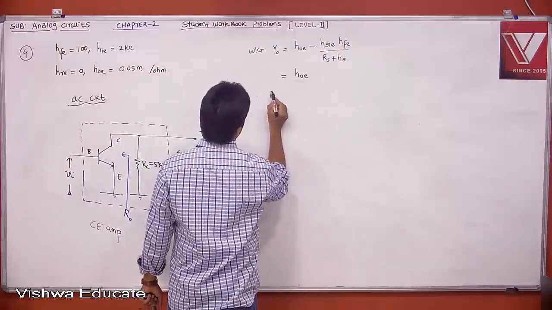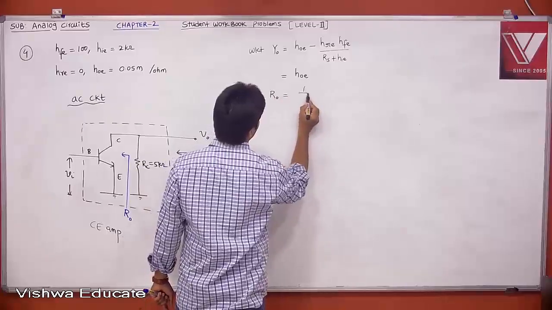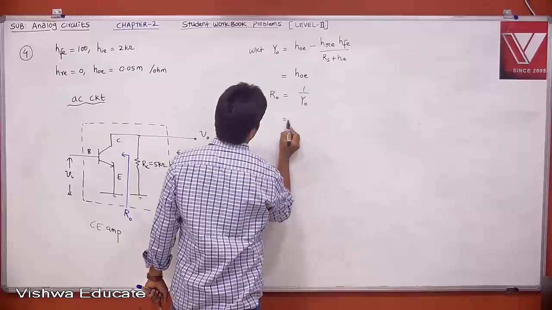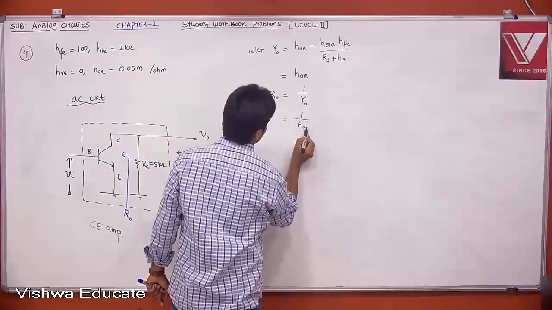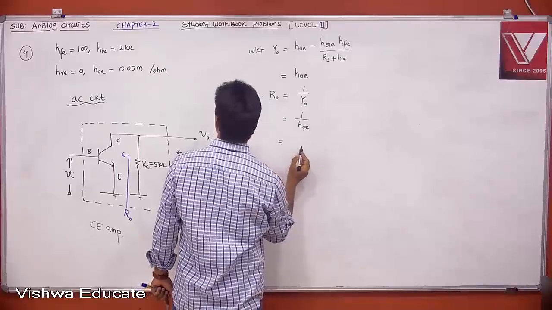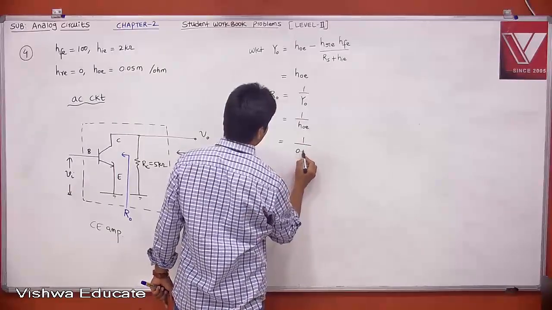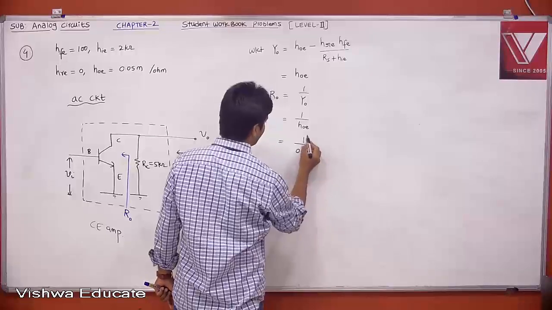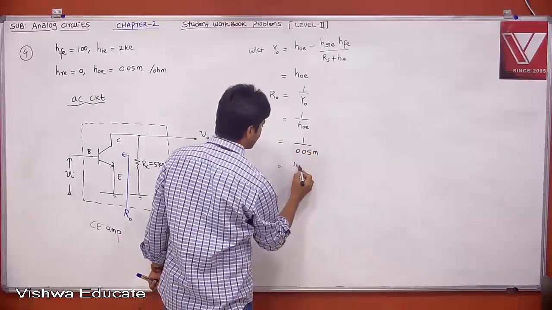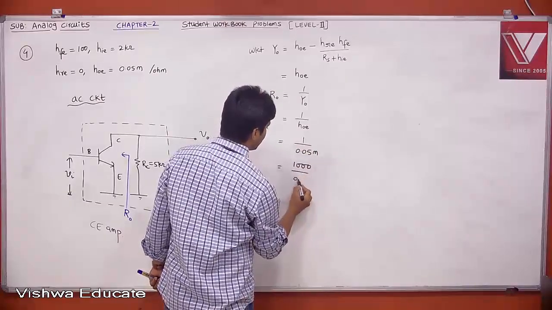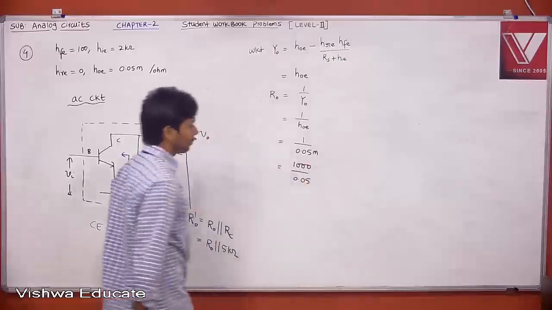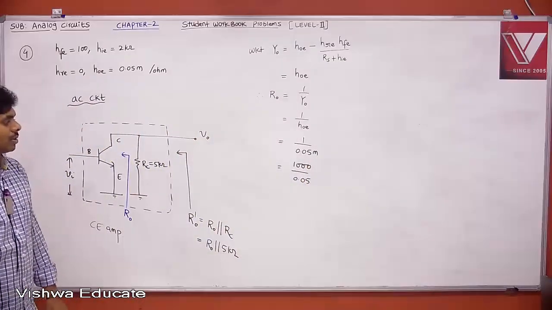Then what is your R0? Your R0 is equal to 1 by Y0. Therefore, 1 by HOE. What is HOE? It is given as 0.05 milli. That milli will become kilo. Kilo is nothing but 1000 divided by 0.05. Therefore, what is 1000 divided by 0.05?